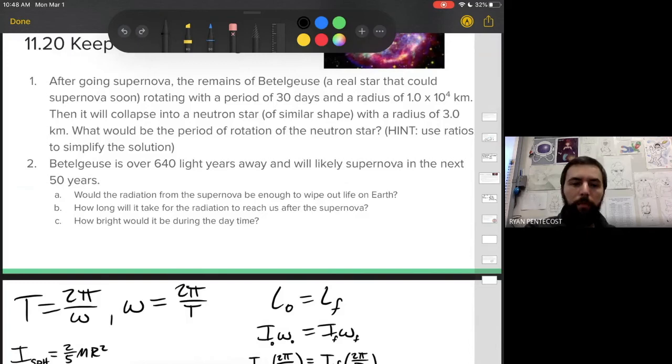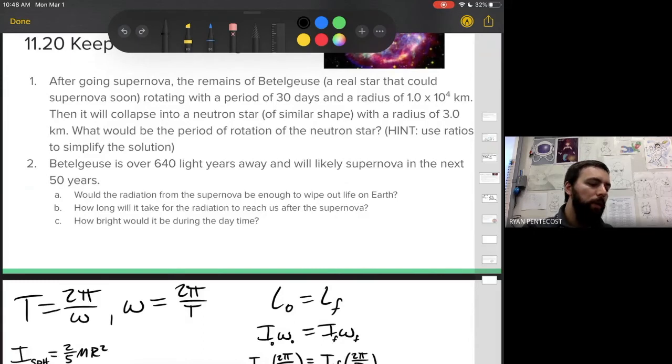Betelgeuse will not do that. For a supernova to be lethal to life on Earth, it needs to be within 50 light years, and there is no star within 50 light years capable of a supernova that could kill us. So we are safe from supernovas for the time being.